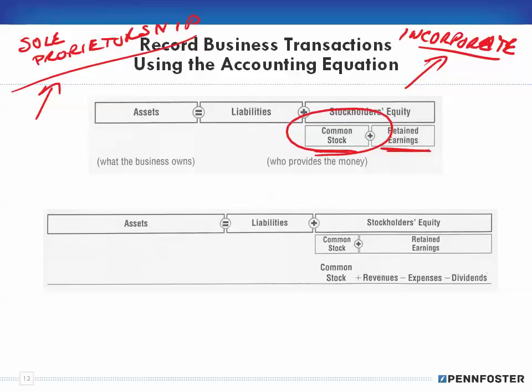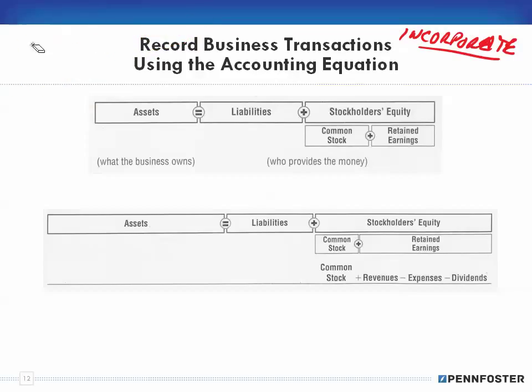So as we go along, I will follow the textbook and constantly reference what happens with a sole proprietorship, because the vast majority of small businesses are sole proprietorships.